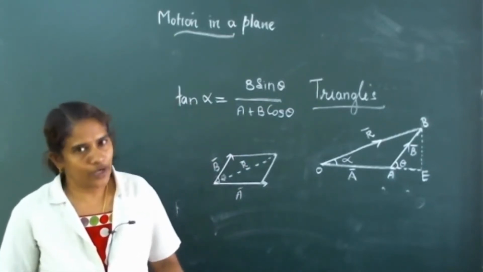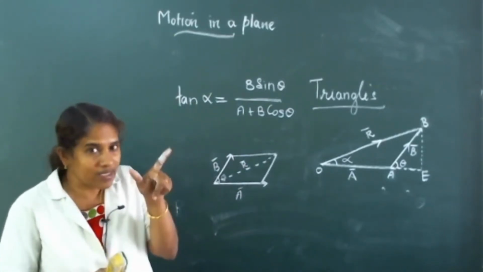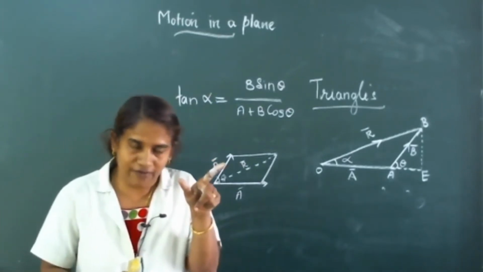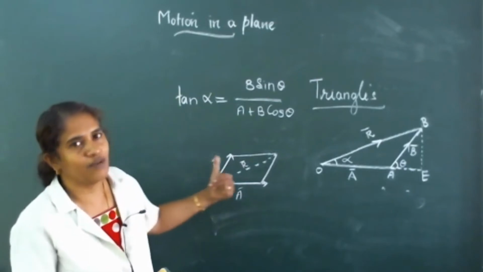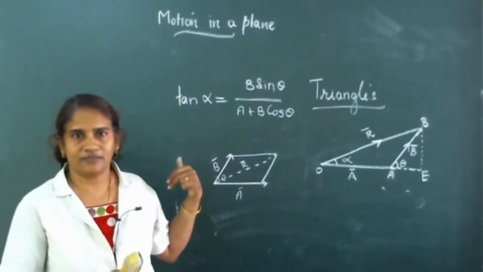Okay? According to parallelogram law, if two vectors are acting as the two adjacent sides of a parallelogram, then the diagonal passing through their point of intersection will be the resultant.